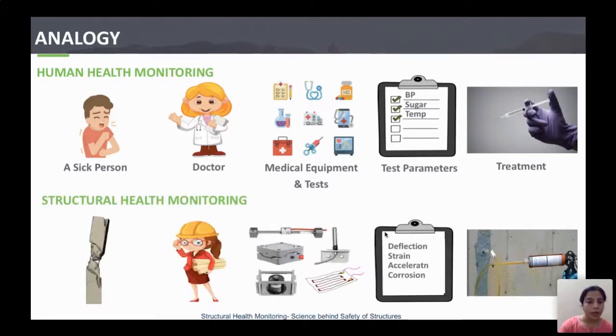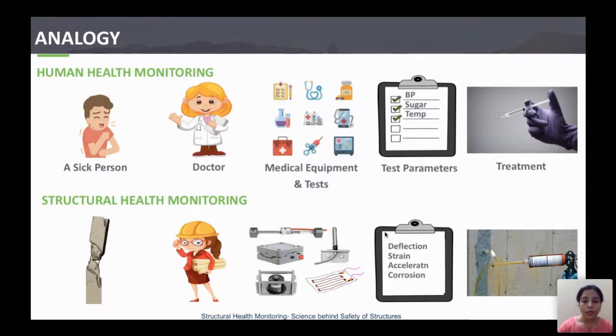On similar lines, we have structural health monitoring. Say a structure got some damage. Of course, the structure cannot go to the expert, but the SHM expert will go to the structure, use different kinds of sensors and techniques, and monitor the structural parameters. Now, what are the structural parameters here? Deflection, strain, acceleration, temperature, corrosion, right?